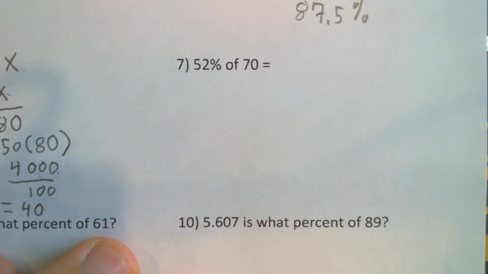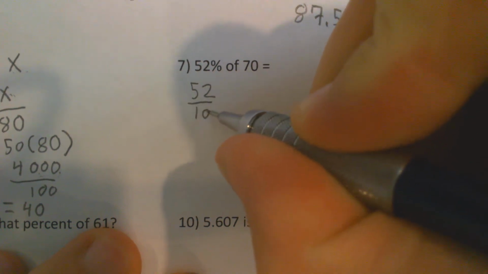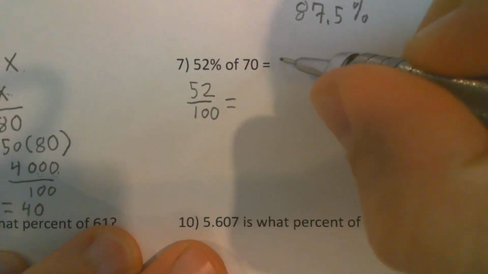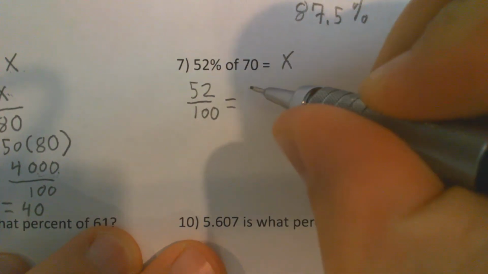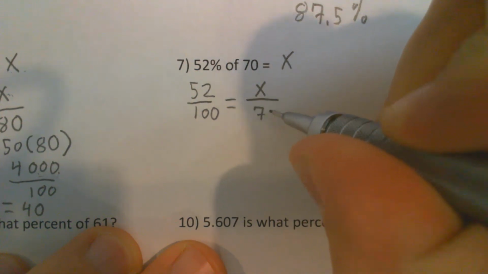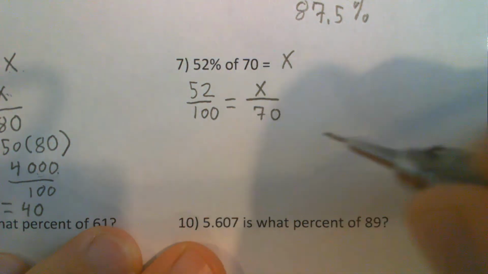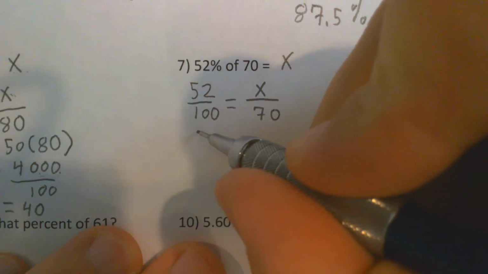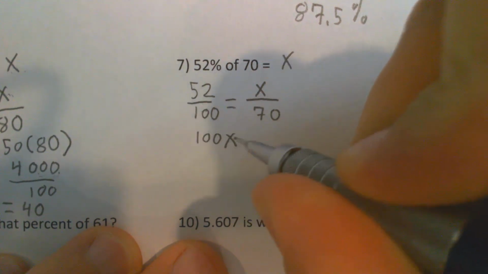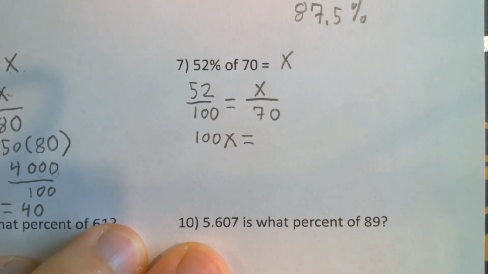Another is over of. So 52 divided by 100. Again, this is our variable. Cross multiply. 52 times 70 is going to give us 3,640.